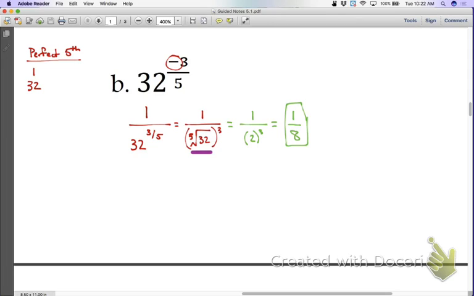I would at least go to 10: 1 to the 2nd, 2 to the 2nd, 3 to the 2nd, and so on. For perfect 4th powers and perfect 5th powers, you probably only need to go about 5. Then you can see where those numbers are and go from there.